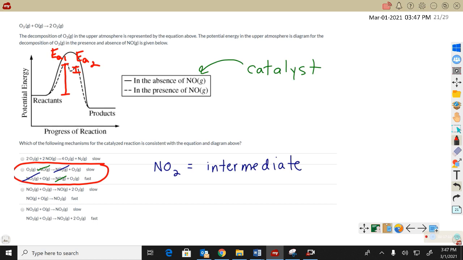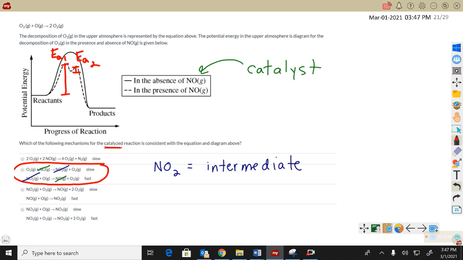So number one, I'm looking for a two-step mechanism for the catalyzed reaction because it's got two humps to it. If your energy profile graph has two humps on it, that's just showing you that it was a two-step mechanism and that you've got the activation energy for each step in the mechanism.